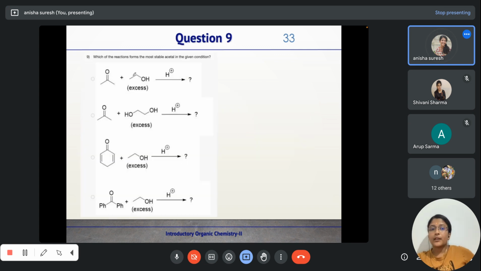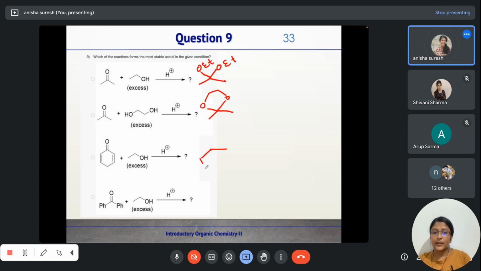So here in this case it will result in formation of OEt, OEt. In this case it will result in formation of a cyclic acetal.